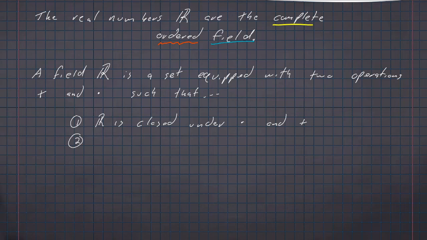How would that change the rules? We're not going to be looking too much at that. We're going to stick with things as they are, or as you're accustomed to. We're closed under both addition and multiplication.